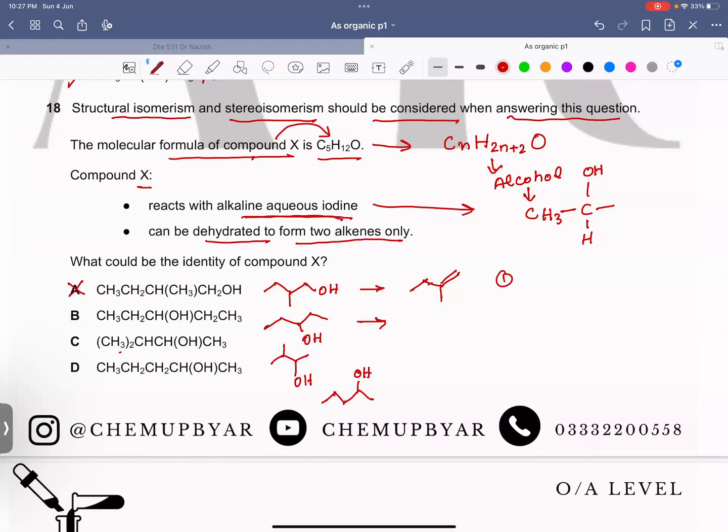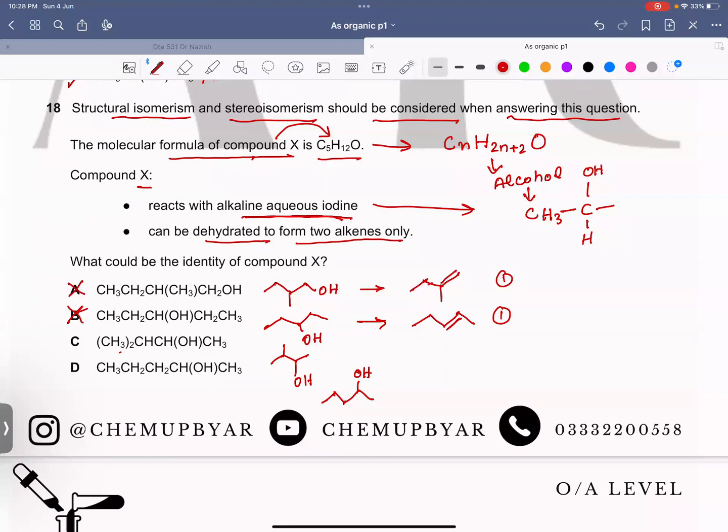With this one, if the hydrogen is removed from the carbon on the right or the carbon on the left, it doesn't matter. It is also an alkene, and we are getting only one product here as well. So B goes wrong as well.